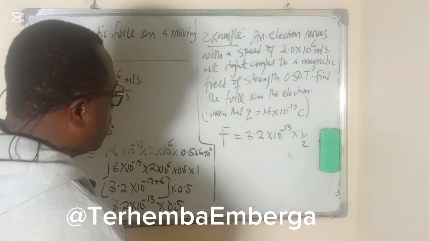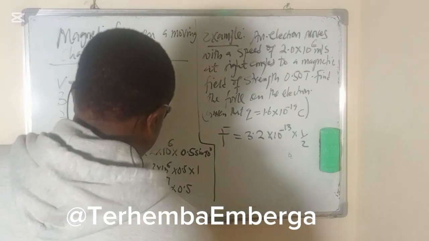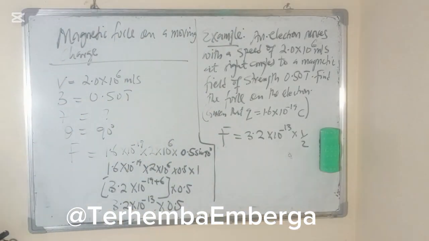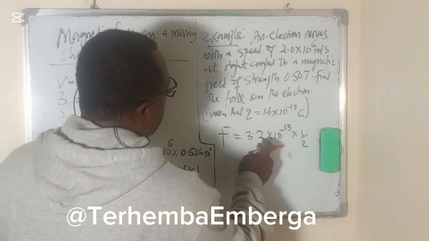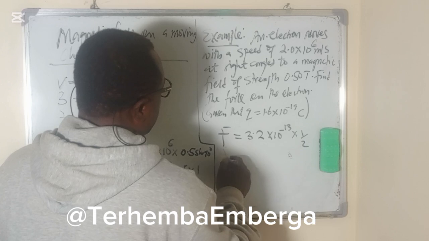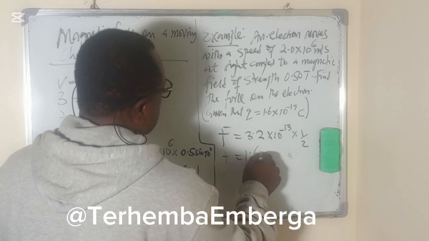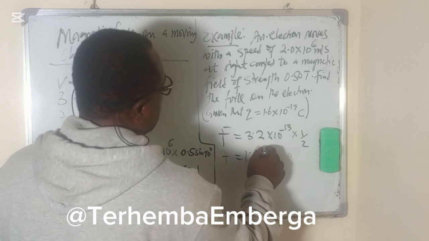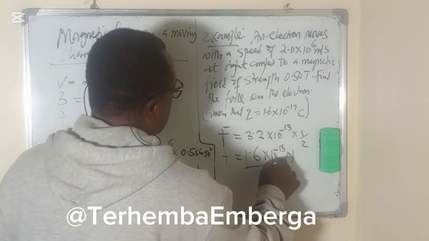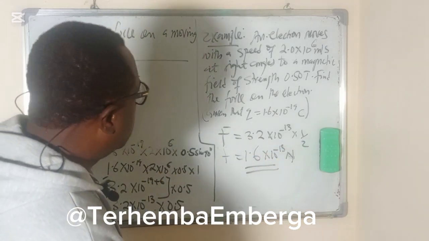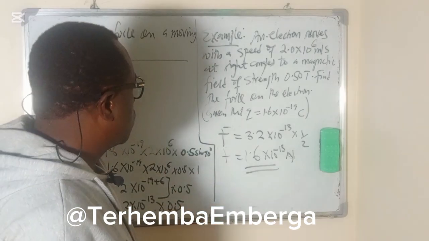So by the time you divide 3.2 by 2, you'll be having F equal to 1.6 times 10 raised to the power minus 13 Newton. And that becomes the force.